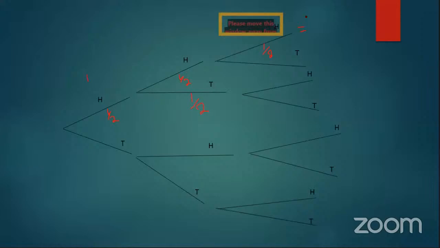So here the probability of getting a head and another head will be a half times a half times a half, and this gives us 1 divided by 8. This 1/8 will be the same for all these probabilities, since all of them are a half.